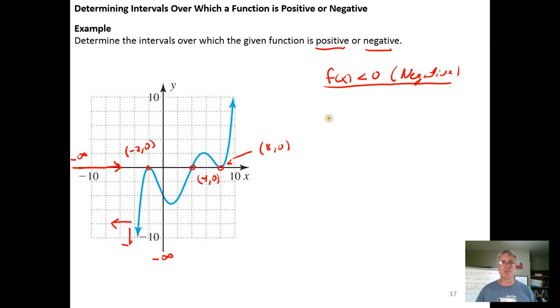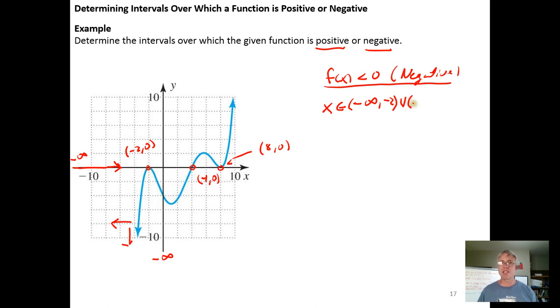So for the intervals over which my function is negative, I'll say, hey, x is an element of, we're coming from negative infinity, we're running up to -2, but I can't include -2 because at -2 the function output is 0, which isn't a negative number, so I have to exclude it. And then union, I'm going to pick up the next interval. Immediately the function goes down below the x-axis again.